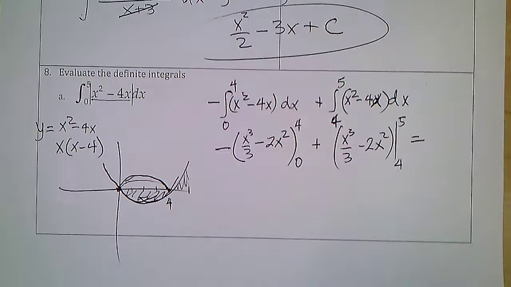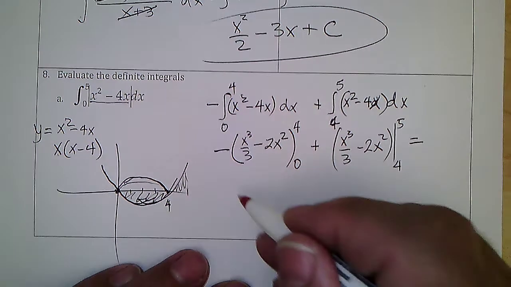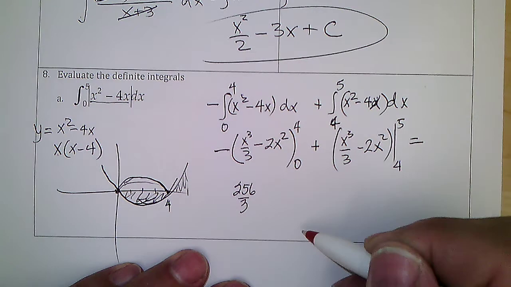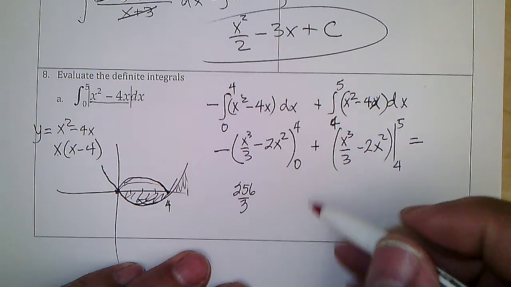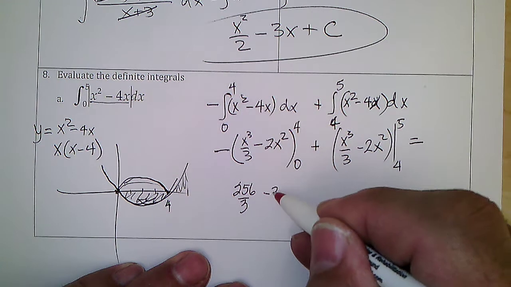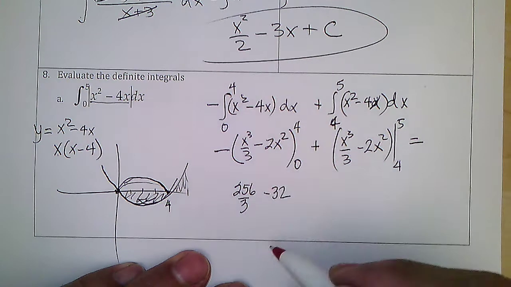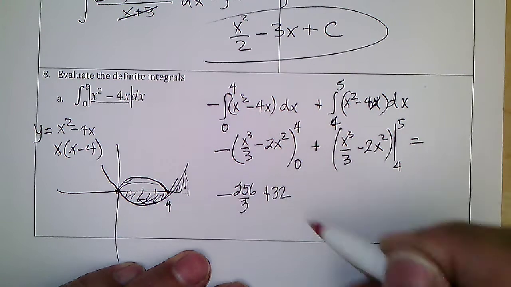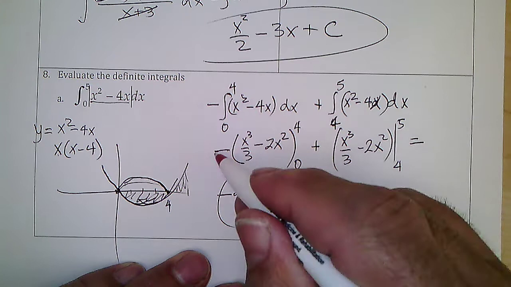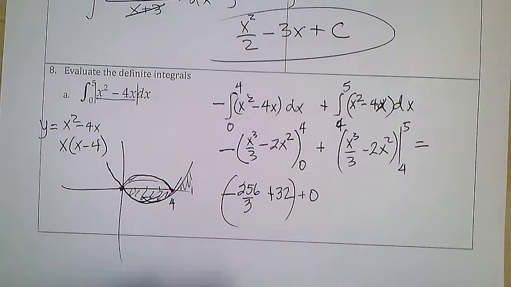Is that right? 4 times 4 is 16 squared is 256. 256 over 3 minus 16 times 2 minus 32, and then we got the minus of that, so that's minus and plus. Put 0 in here and we get 0, and minus and minus would be plus 0.